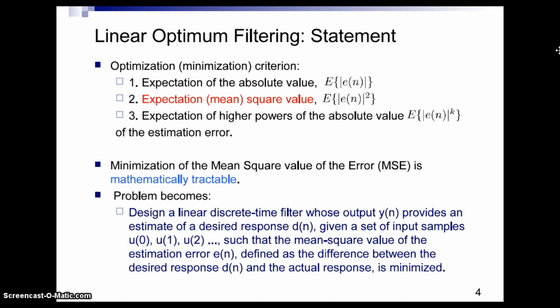We can now summarize the essence of the filtering problem with the following statement. Design a linear discrete time filter whose output y of n provides an estimate of the desired response d of n, given a set of input samples u of 0, u of 1, u of 2, and so on, such that the mean square value of the estimation error e of n, defined as the difference between the desired response d of n and the actual response, is minimized.